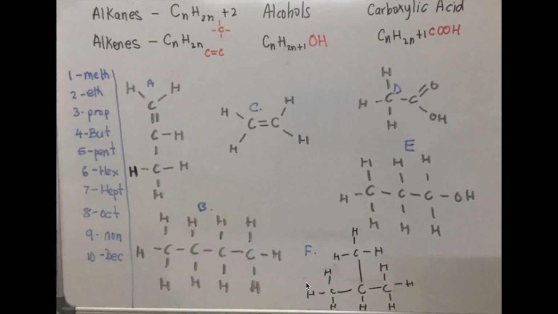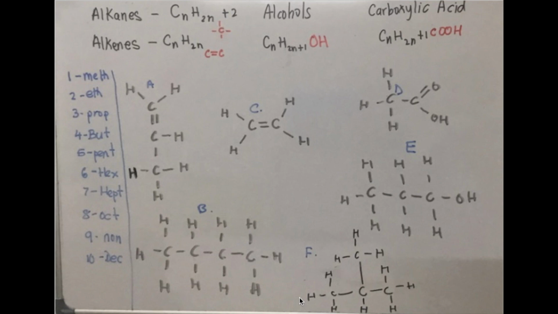And when you give a name for F, you won't be able to call it butane. Instead, you'll have to search for the longest continuous straight chain, which is 1 carbon, 2 carbons, 3 carbons. That's not the only way to get the longest straight chain though. You can start from this side and go 1, 2, 3, or you can start from this side and go 1, 2, and then up for 3.